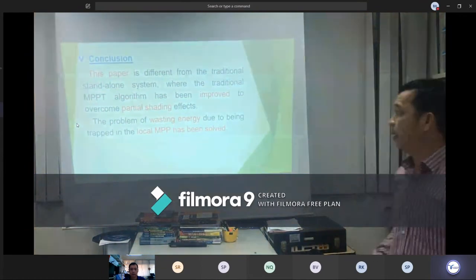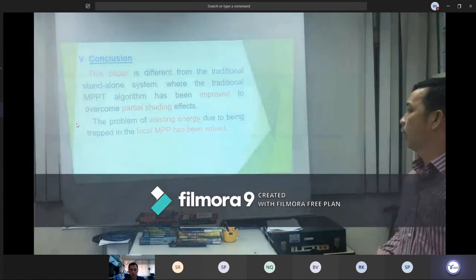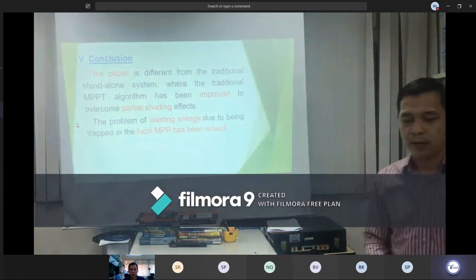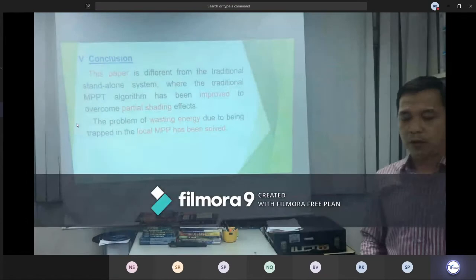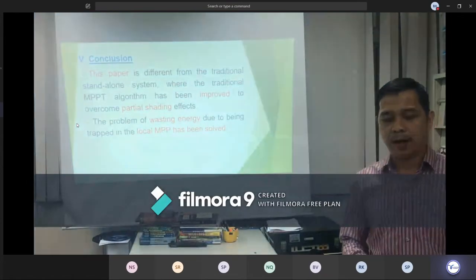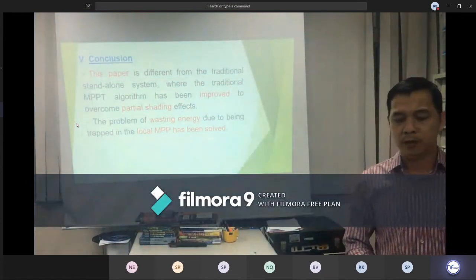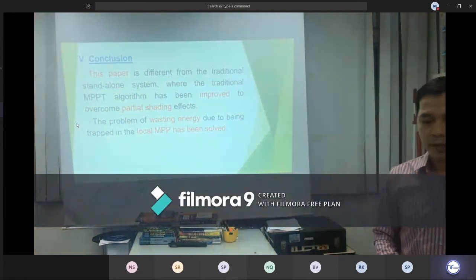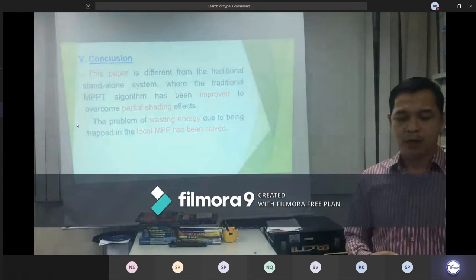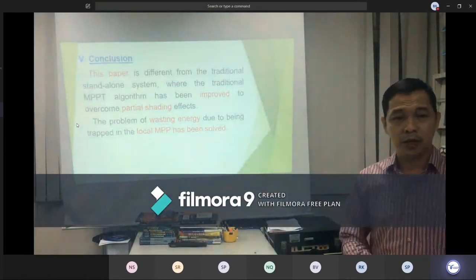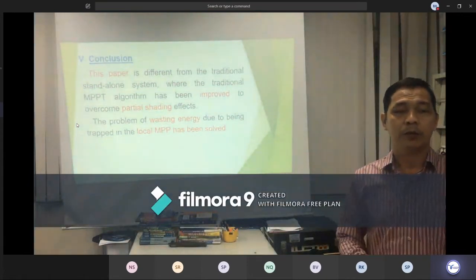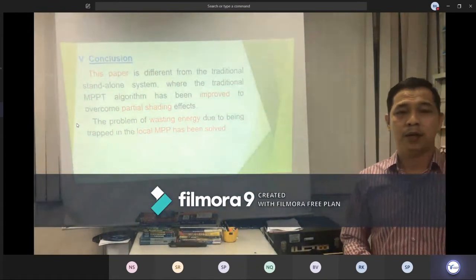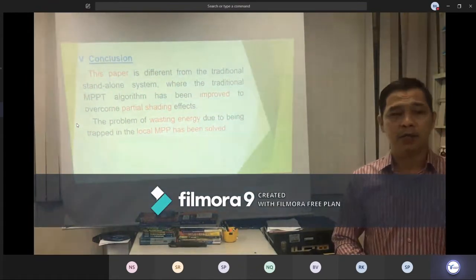This paper is different from the traditional standalone system, where the traditional MPP algorithm has been improved to overcome the partial shading effect. The problem of wasting energy due to getting stuck in the local MPP has been solved.